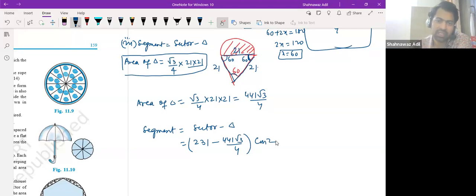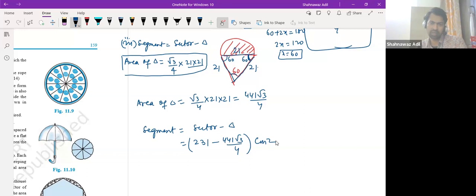Yes, please correct this part, everyone. Just note it, guys.